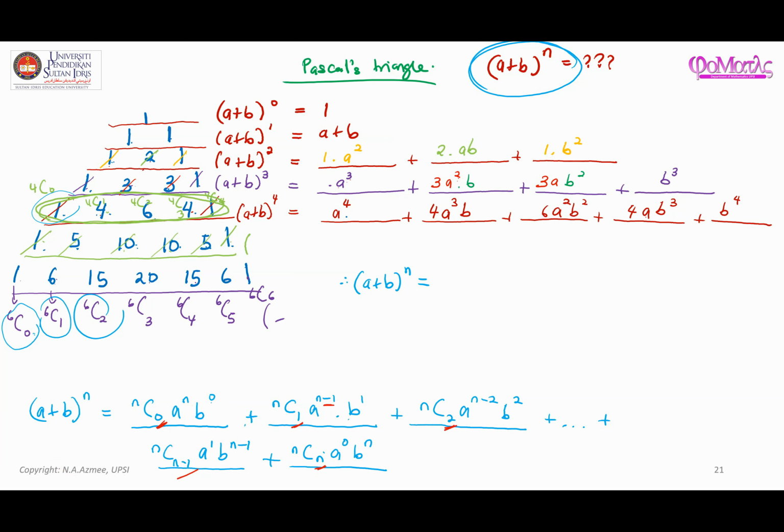Basically, x keeps on changing, so n maintains, and C(n,x), this one is n, n minus 1, n minus 2, so that means this is n minus 0 actually, which is equal to n. So this must be a^(n-x), with x as 0, 1, 2 and so on, and this is b^x.